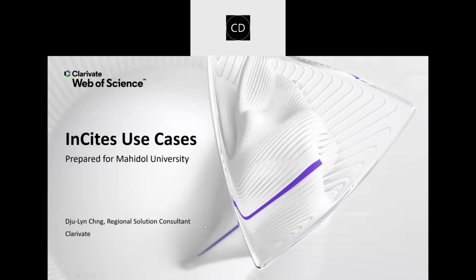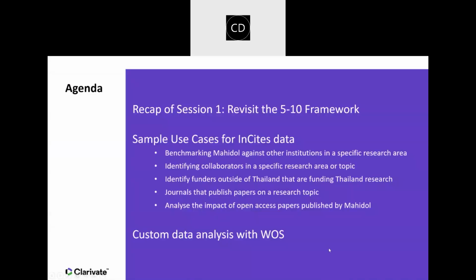Yes. Okay, great. So for today's agenda, I will be covering a recap of what we covered last week. I'll be revisiting the 5-10 benchmarking framework that I introduced last week. At the same time, I will also try to explain some of these indicators again so that it becomes clearer for all of you.